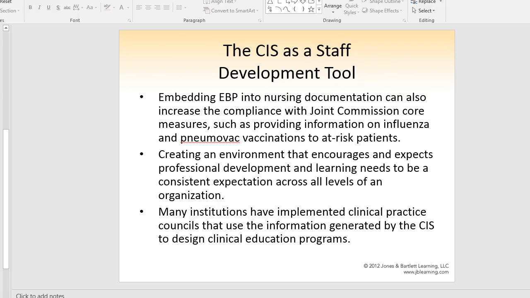Maybe they're not waiting for the patient to calm down. They're checking the blood pressure after the patient runs in from the lobby, and it's 10 points higher. I prescribe a higher dose of antihypertensive and they bottom out at home. I don't have time to talk about sodium counting, but guess what? The nurse might. So these clinical practice councils are really great to figure out education programs, not just for patients, but for the staff.